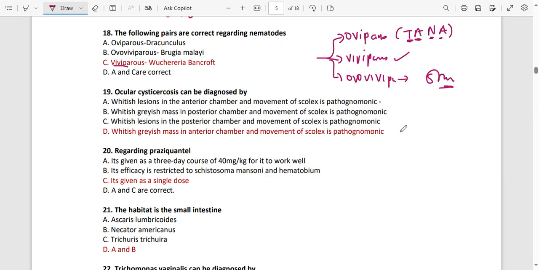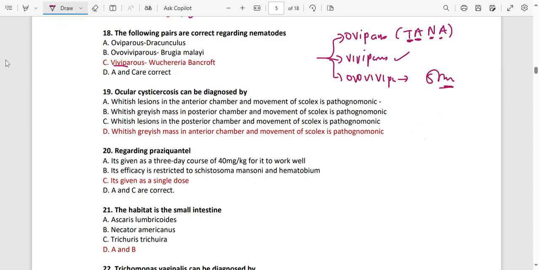So we can make it like this: Saturn, right? This is strongyloid, ancylostoma, trichuris, and then ascaris, necator. If you're not Saturn, then you are viviparous. Is this mnemonic okay?